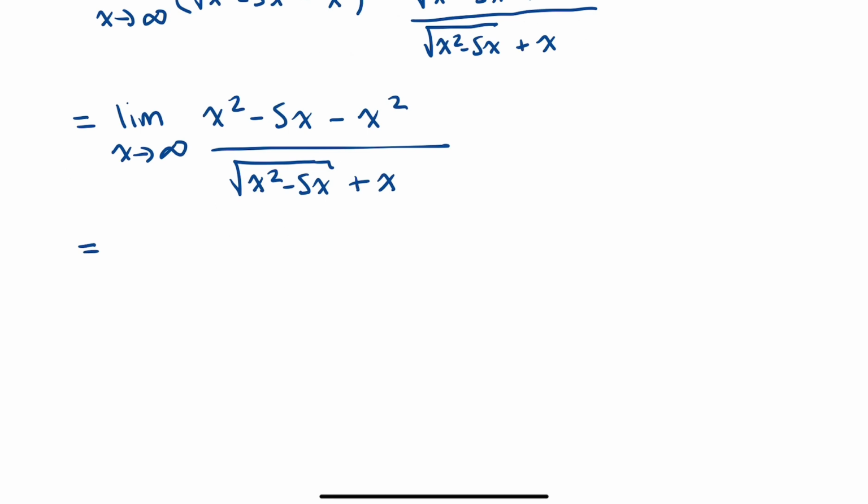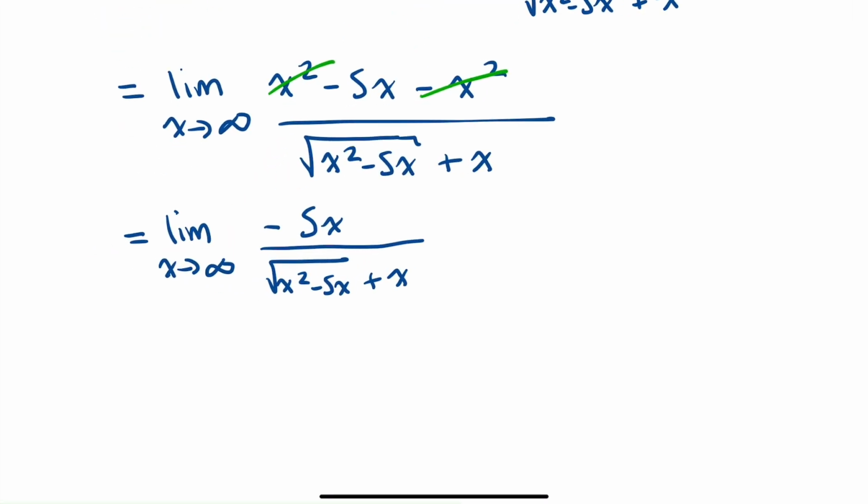And then we see that the minus x squared simply cancel out, and we're left with the limit as x approaches infinity of minus x all over the square root of x squared minus 5x plus x. Now, we're closer to the solution. However, if I plug in infinity right now, I'm still going to get an indeterminate form of infinity over infinity, and that just doesn't work out.